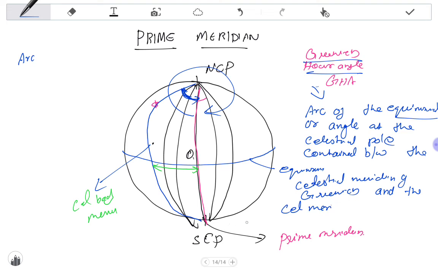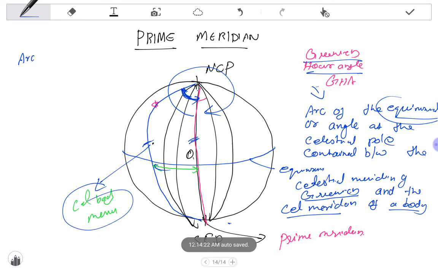This is the celestial meridian of the body and this is the Greenwich meridian. So it is the angle at the pole between the Greenwich meridian and the celestial meridian of the body, or the arc of the equinoctial. That is what I have written here.